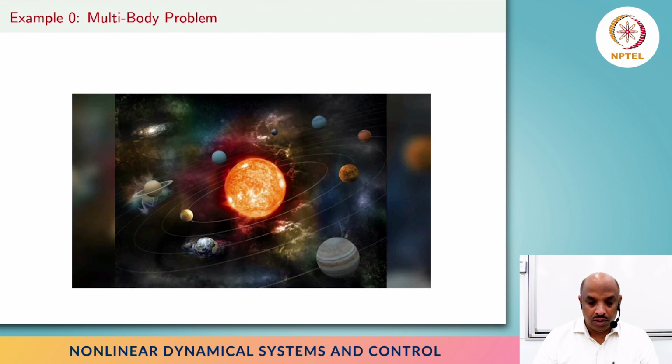Historically, these small deviations from the expected orbit were used to actually identify even more planets. Some of these things were conjectured.